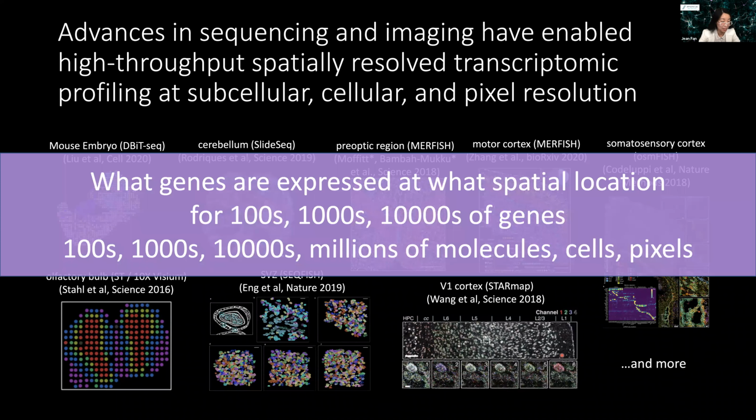Ultimately, what they allow us to do is measure precisely what genes are expressed at what spatial locations, and to do this for hundreds to full transcriptome numbers of genes, and of course in hundreds to thousands, if not millions, of molecules inside cells, inside pixels.